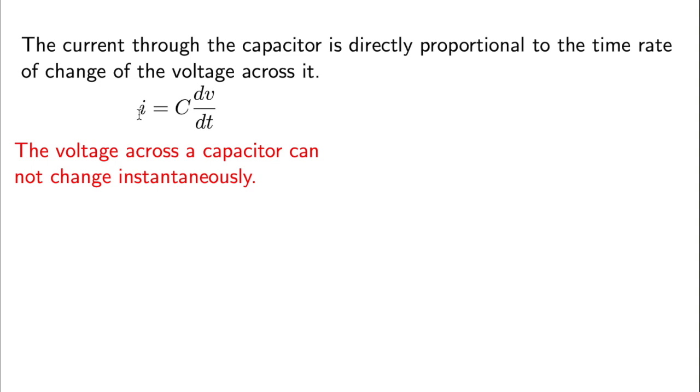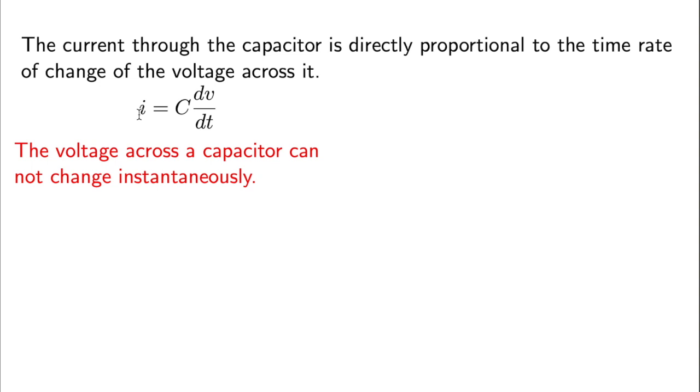So dV by dt suggests that this is exhibiting opposition to the change of voltage. That is one aspect. dV by dt is also suggesting that the voltage cannot be changed in a capacitor instantaneously. On the analogous line, you can have an interpretation of whether the voltage can be changed instantaneously or not. It cannot, because the energy is stored in the electric field, which is directly related to the voltage.